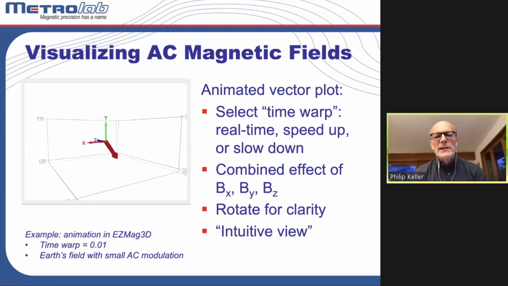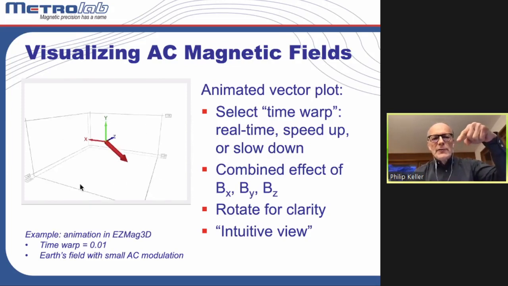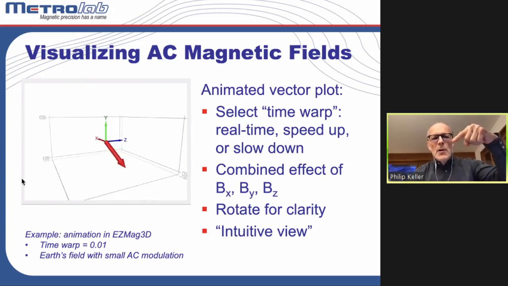And now what you can see here is that we have actually the Earth's field vector that is just being modulated a little bit by the AC oscillation. Now we've slowed this down by what we call a time warp here of a factor of 100. So our 50 hertz, and it really is 50 hertz because I'm in Europe, our 50 hertz cycle time becomes a half hertz oscillation that you can see here.